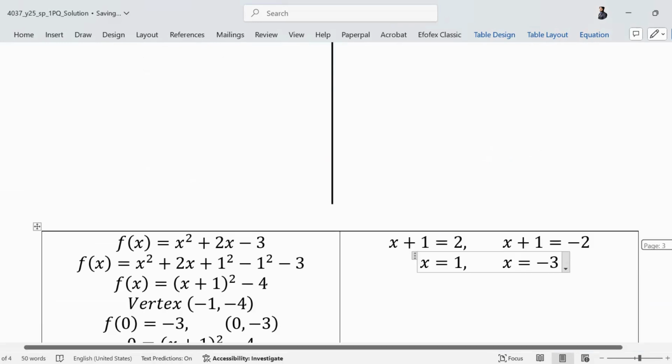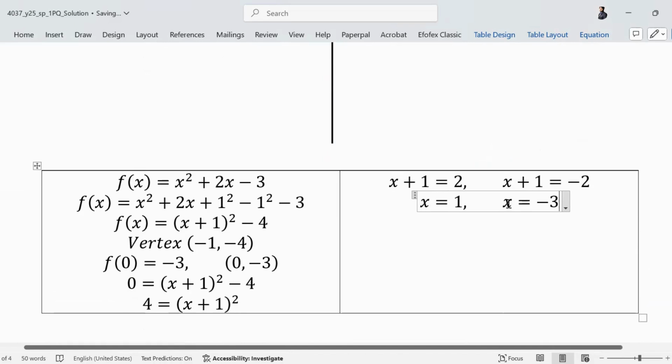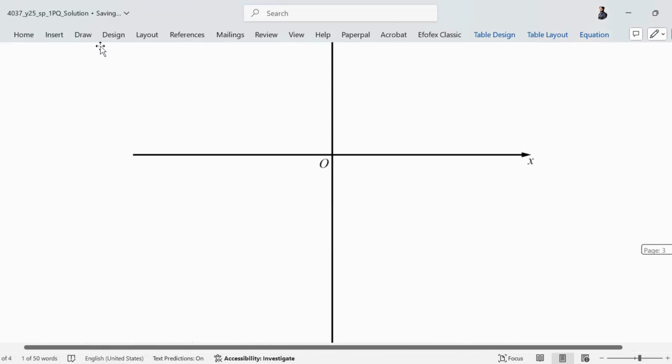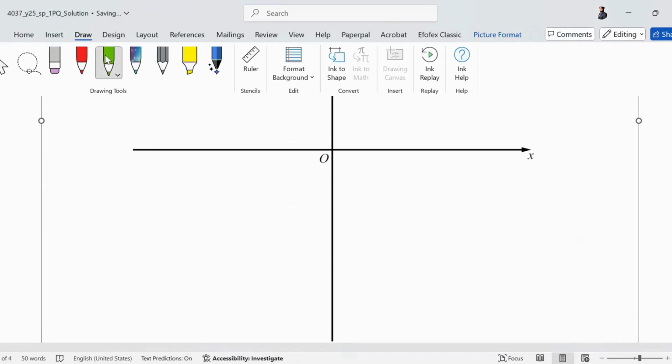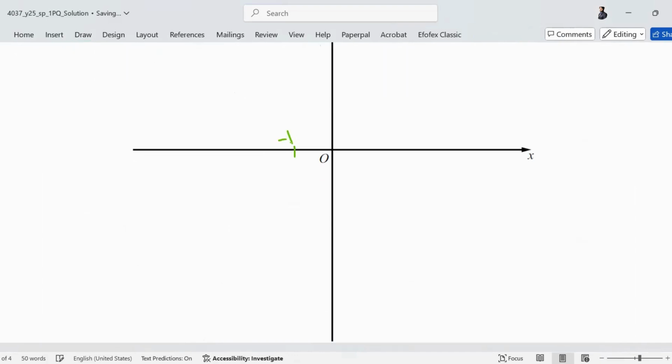These are the two possible x-intercepts, but for the given domain, we know x has to be greater than or equal to −1. So this solution is not possible. This is what we'll not be plotting. So we have the intercepts and we have the turning point. Keeping that in mind, I'm just making a rough sketch. This is −1, −2, −3, −4.